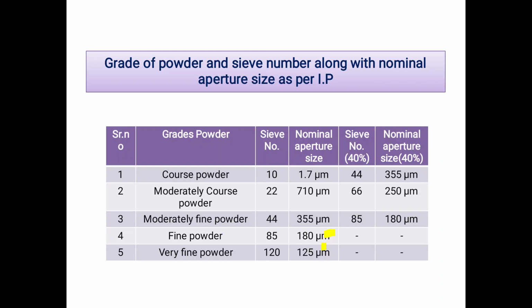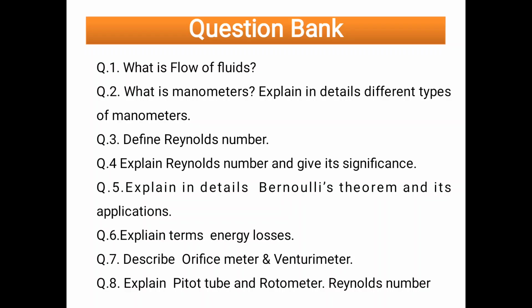But in size separation the particles get a uniform size, which is helpful for tablet development and easy mixing. That's why the size separation unit operation is important. You have to remember coarse powder, moderately coarse powder, moderately fine powder and very fine powder.